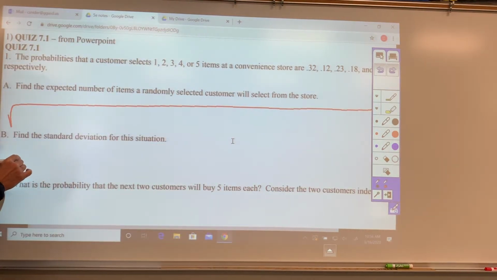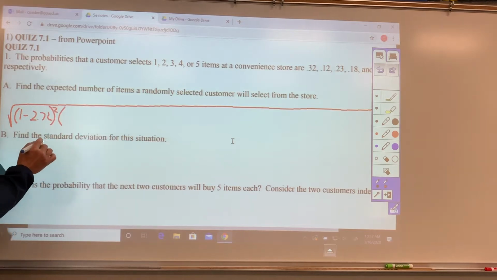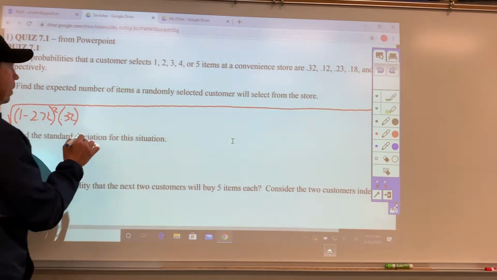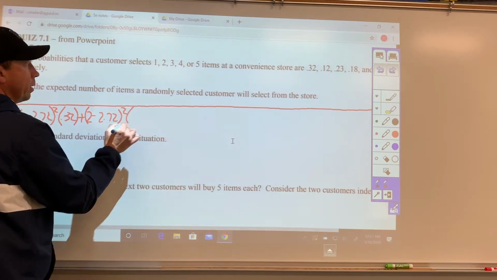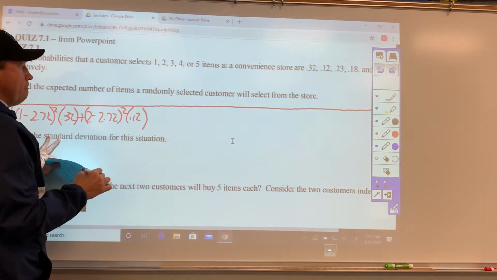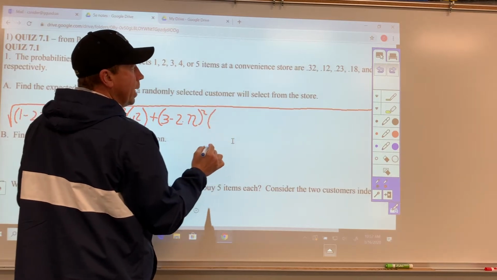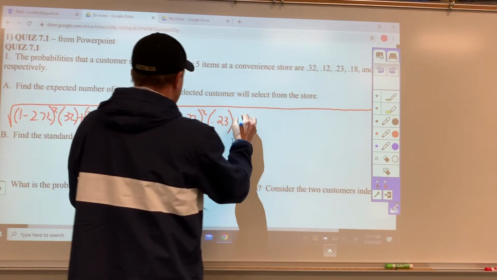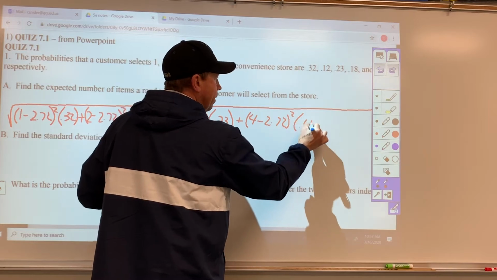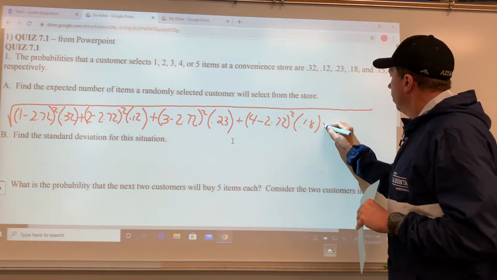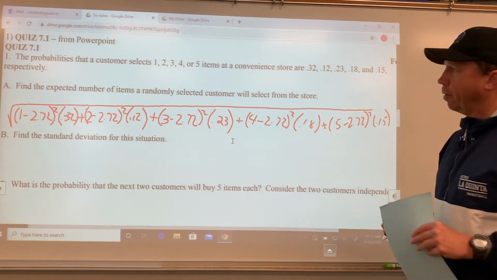And then I'm going to do 1 minus 2.72 squared times its probability of happening, plus 2 minus 2.72 squared times its probability of happening, plus 3 minus 2.72 squared times its chance of occurring, plus 4 minus 2.72 squared times its probability of happening, plus 5 minus 2.72 squared times its chance of happening, and then I'll square root that, okay?